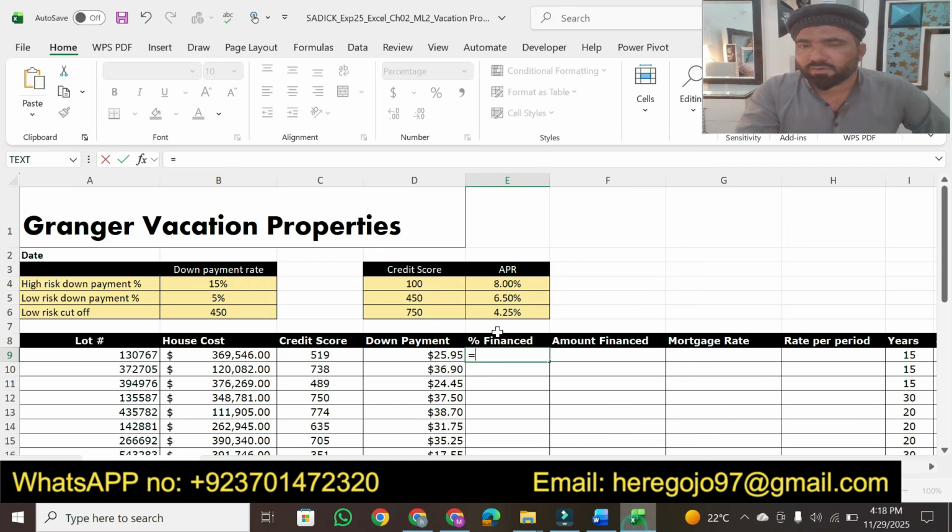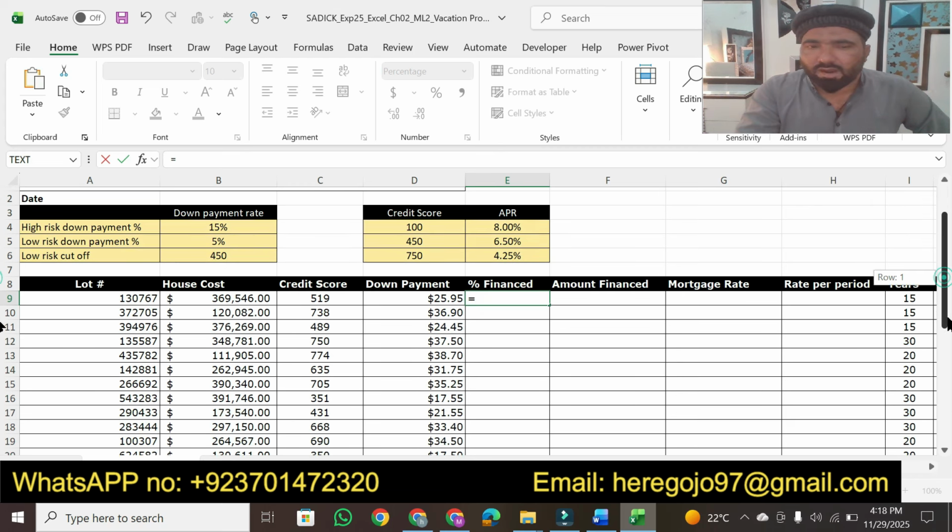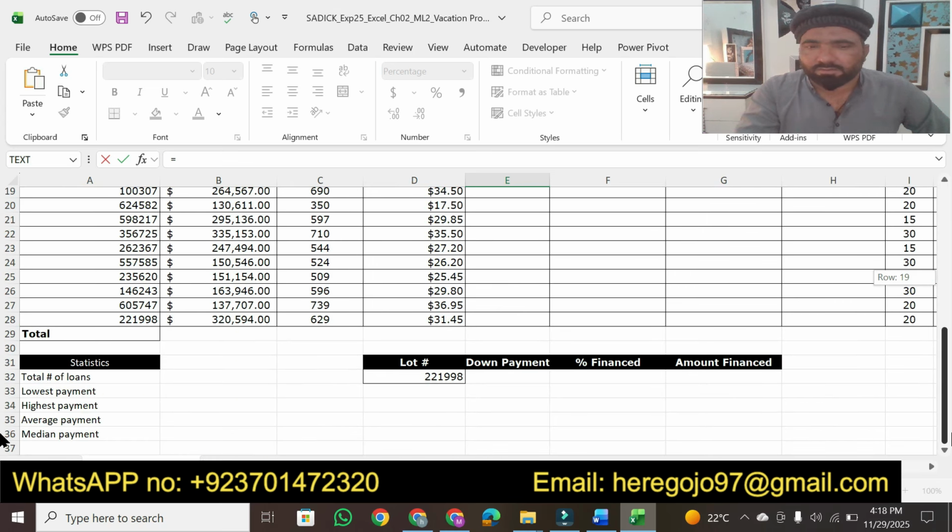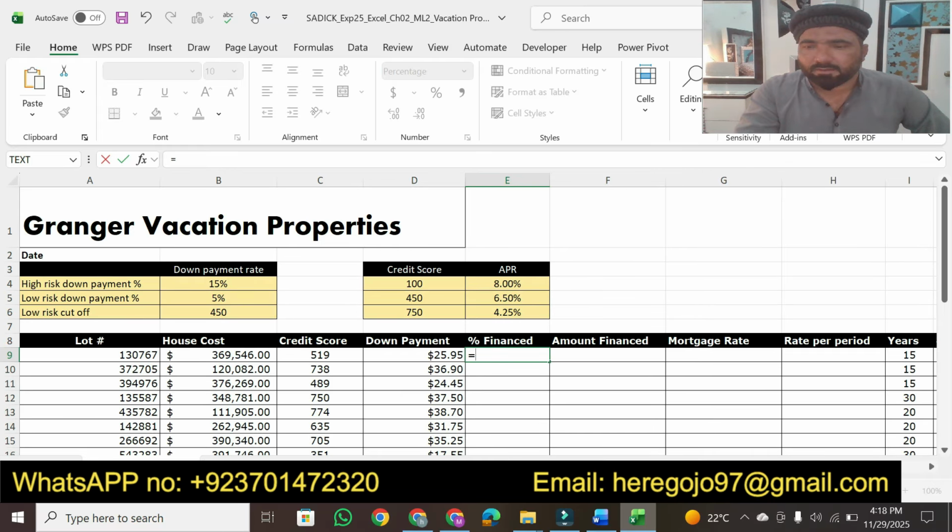Where is amount finance? We have to find where the amount finance is. Okay, this one.